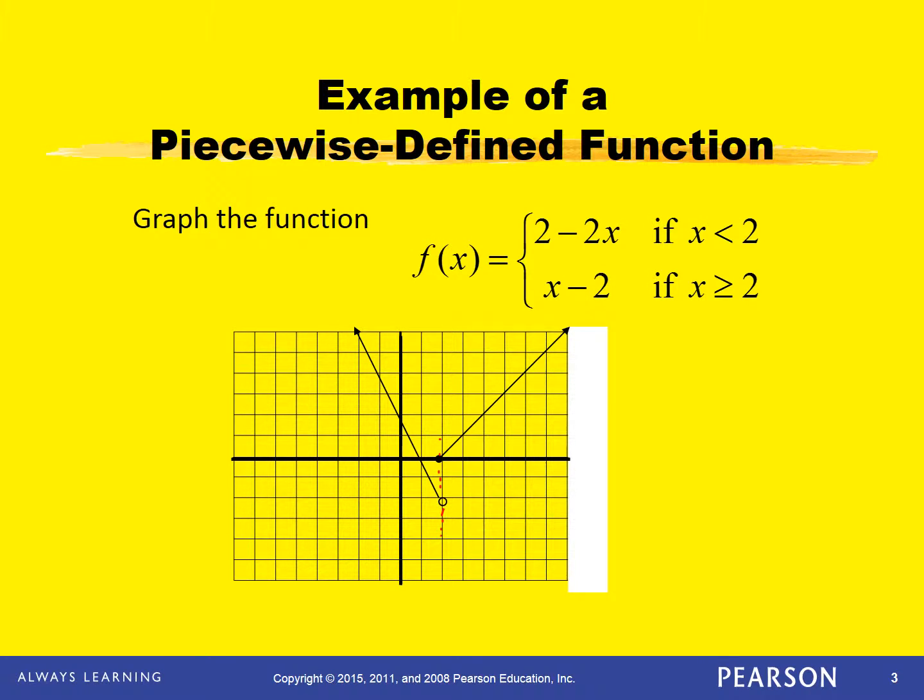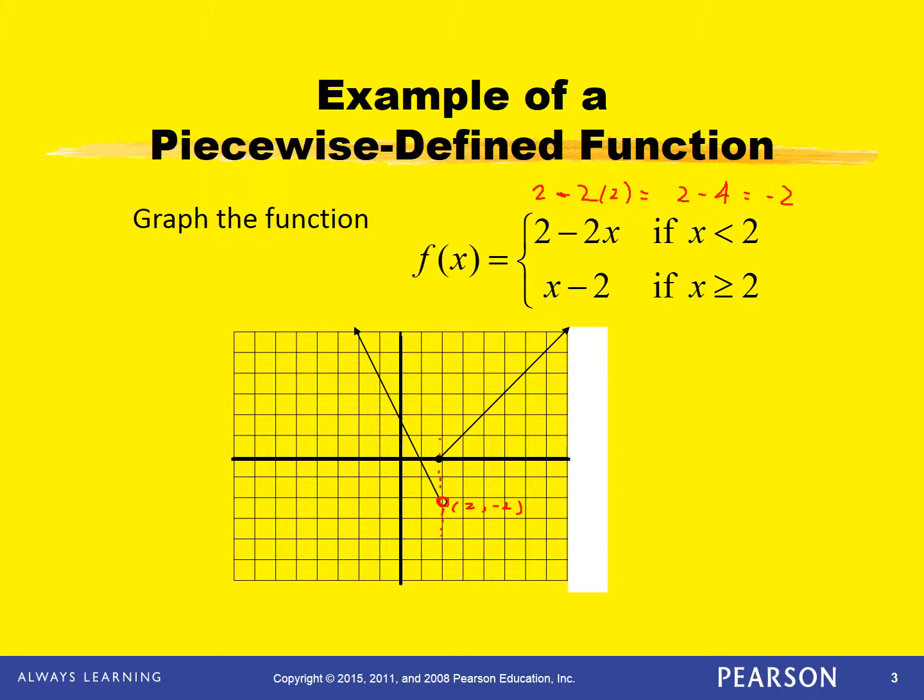At 2, the top rule is going to return a y value of negative 2, 2 minus 4. And so the top rule is going to have an endpoint at the point 2, negative 2. It is not a part of the graph.